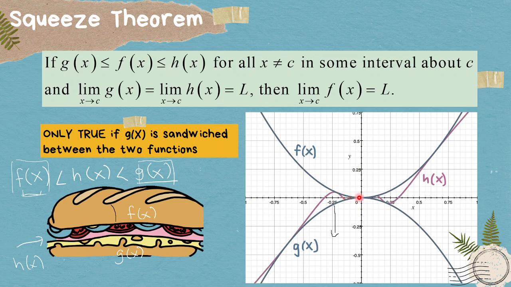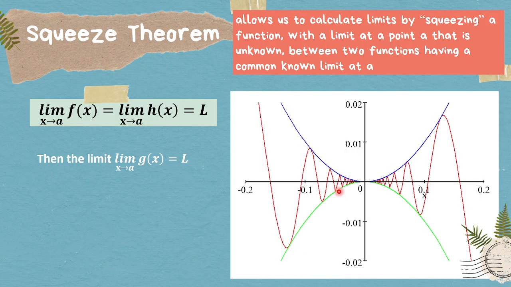Basically, it tells us that if the limit of the first function is equal to the limit of the second function, then this limit L is equal to the limit of the middle function.